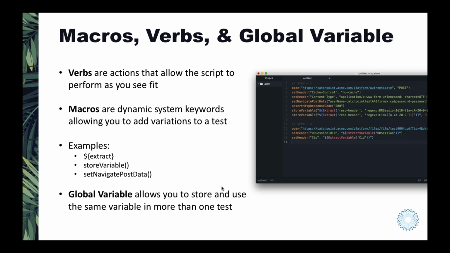And one of the key ones that we've got is what we call a global variable. This allows you to make an API request to an endpoint, get a response back, and store that response and make it global to any other API test or transaction that you have. This allows you to have a master monitoring endpoint that may be getting an authentication token back, but you don't want to apply that logic to every single test that you're running. You want to have one that's doing the hard work and getting this authorization token, storing it as a global variable, and refreshing it every 30 minutes, for example.